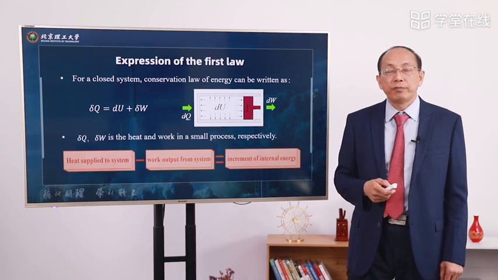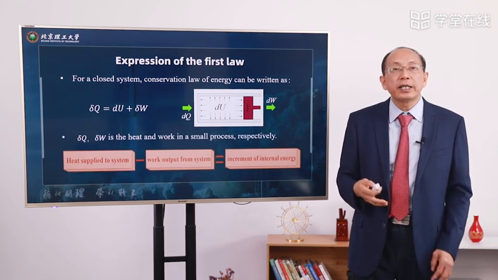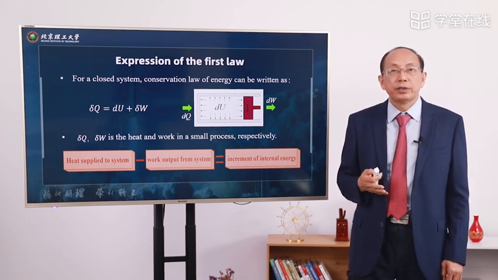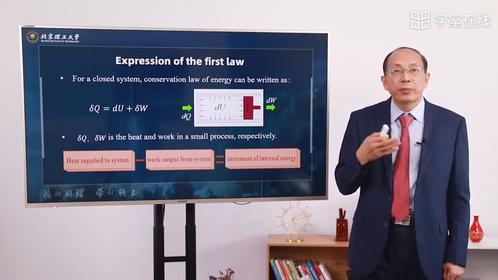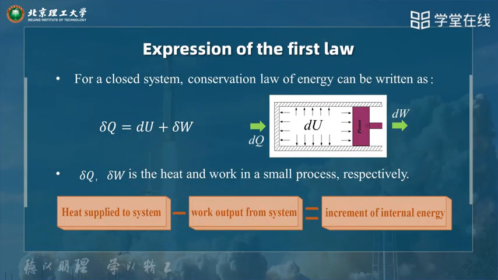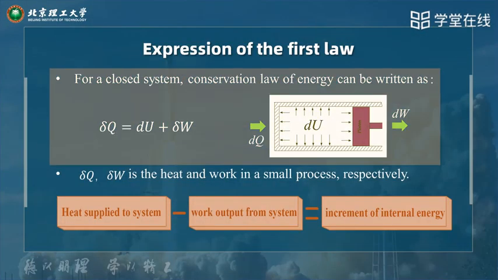Expression of the first law. After studying the internal energy concept, we can give an expression of the first law. For a closed system, the conservation law of energy can be written as delta Q equals dU plus delta W. It means if you give some energy to the system, part of it becomes internal energy and part of it becomes work.